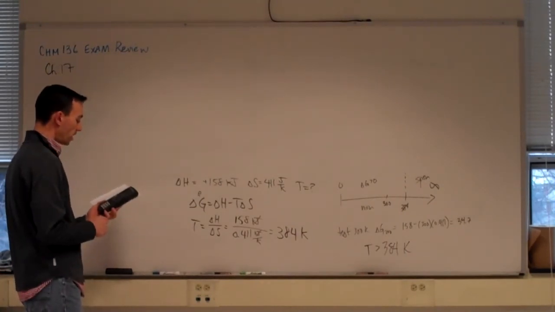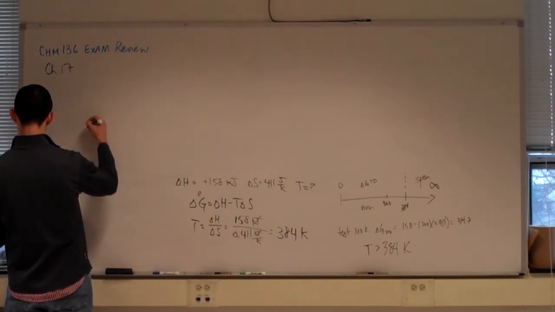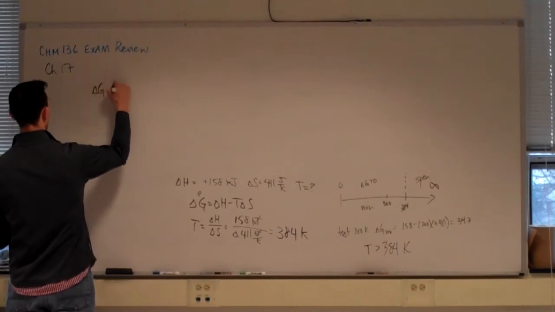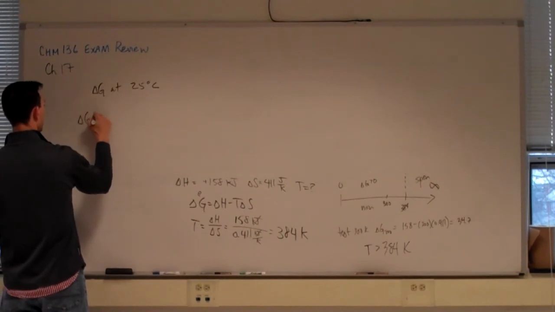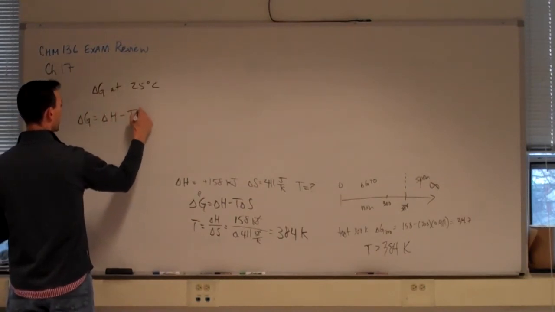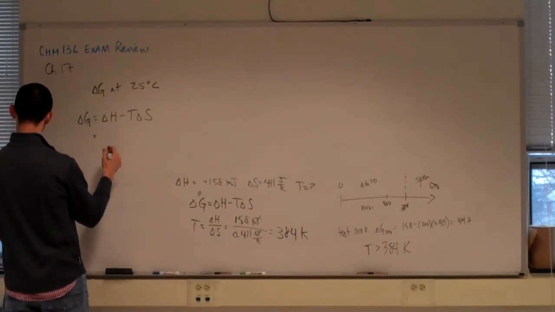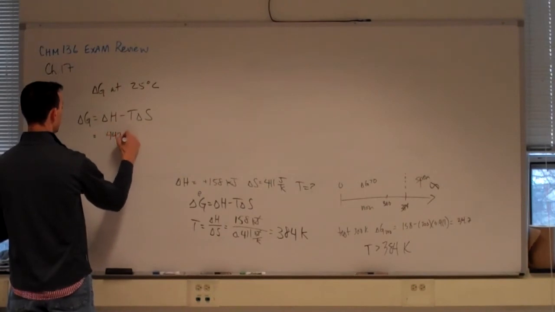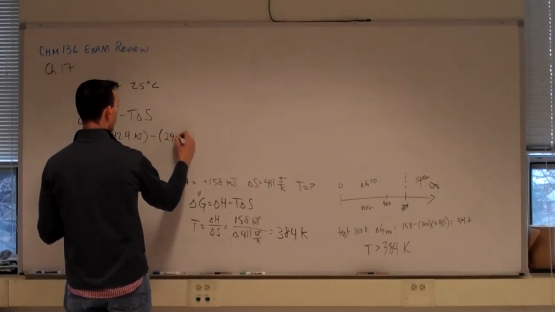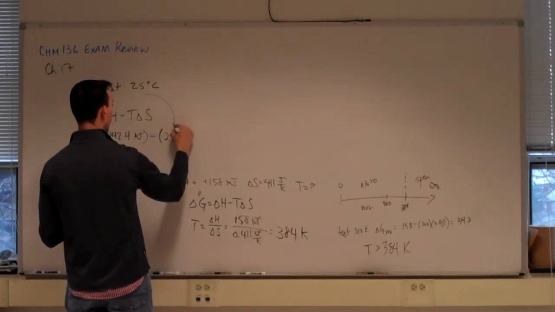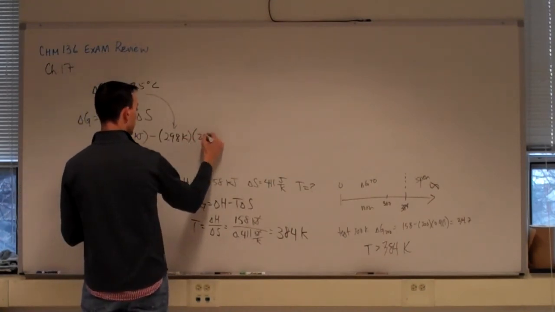Calculate delta G for a reaction at 25 degrees Celsius. All right. And we're supplied the delta H and delta S. So the delta G is simply Gibbs free energy, the enthalpy change minus temperature times the entropy change. So we're given the enthalpy change of positive 442.4 kilojoules minus the temperature, which I'll convert to Kelvin, 298 Kelvin, times the entropy change, positive 206.9.